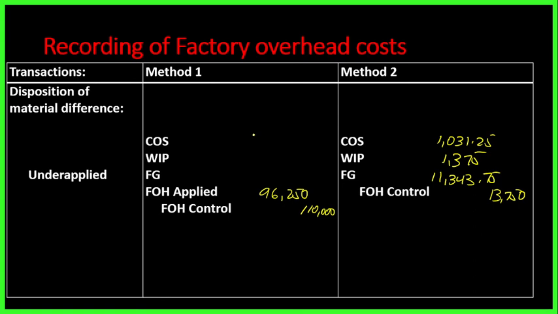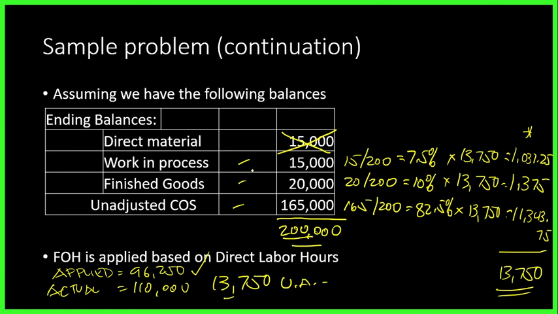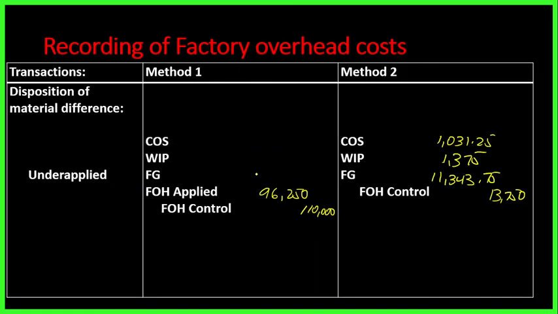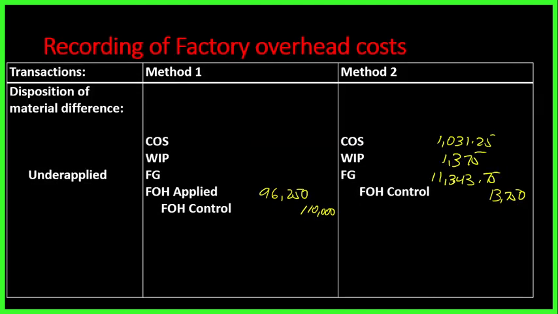Wait, I think I got confused. Work in process should be 1,031. Let's redo this. Work in process, finished goods, and then cost of sales.